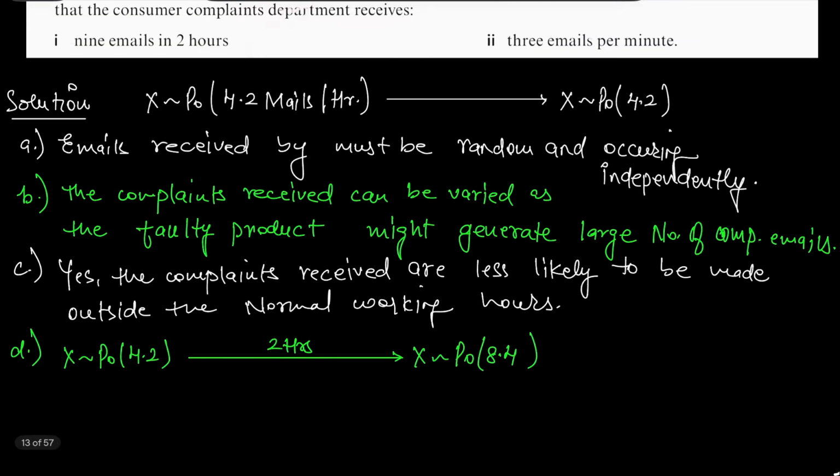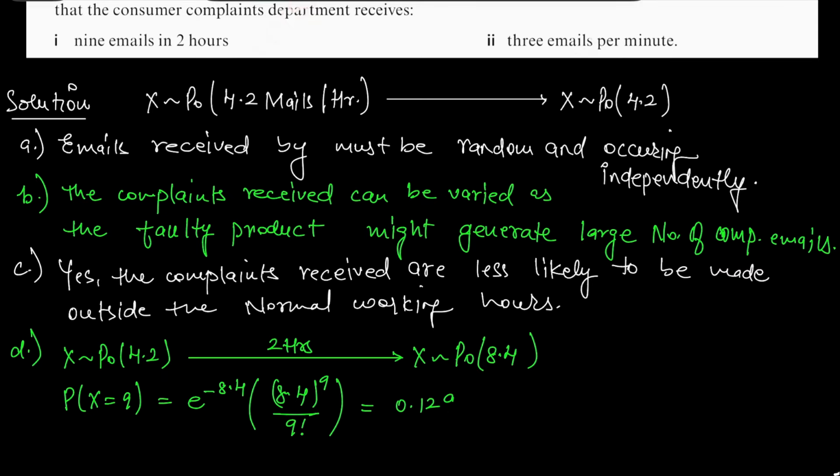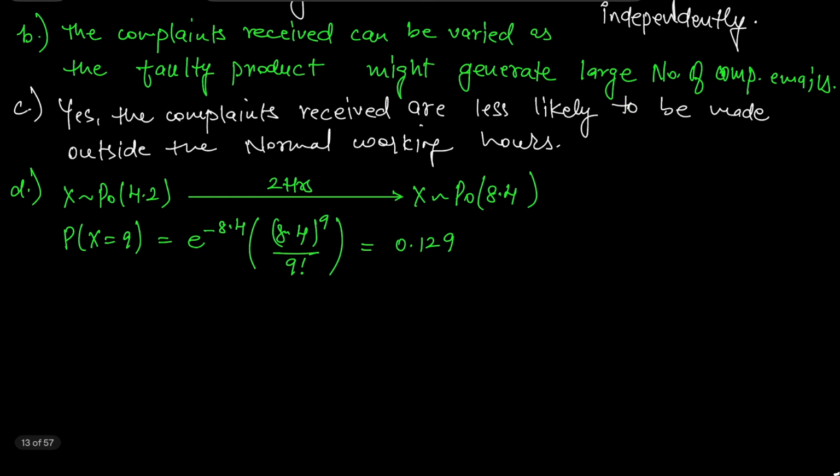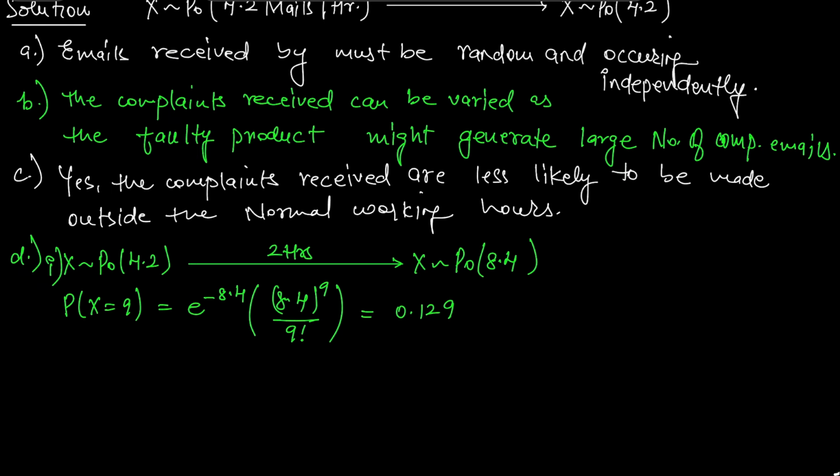He wants you to calculate the probability of 9 emails in 2 hours, that is P(X = 9) = e^(-8.4) × 8.4^9 / 9!. Let's quickly solve this, and we get the final answer as 0.129.